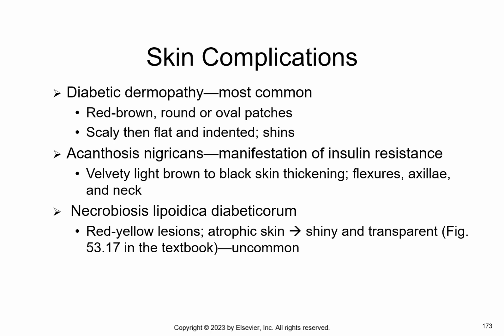The lesions appear most often on the shins, but can occur on the front of the thighs, the forearm, the side of the foot, scalp, and the trunk. Acanthosis nigricans is a manifestation of insulin resistance. It can appear as a velvety light brown to black skin thickening.